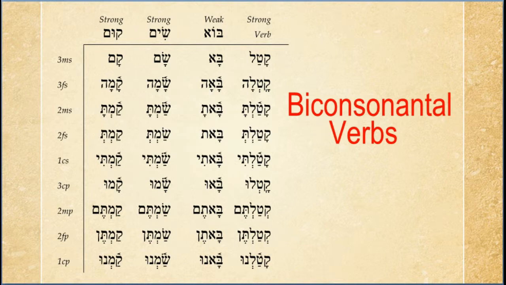I don't expect you to memorize this entire chart. Biconsonantal verbs are not such a common occurrence, but I want you to be aware of them and be ready to recognize them. So that is important. And that pretty much brings this chapter 14 to a conclusion.